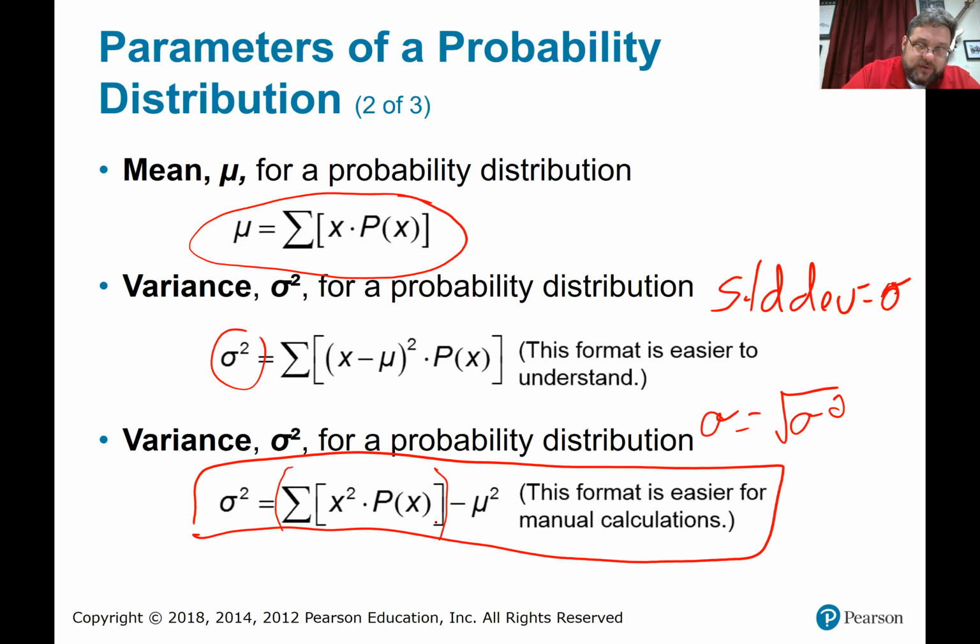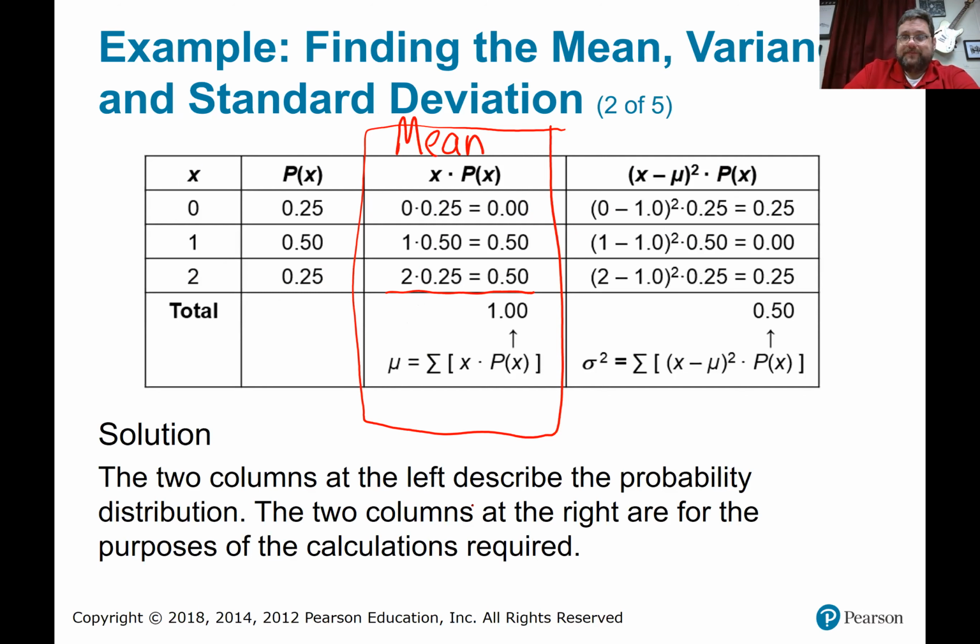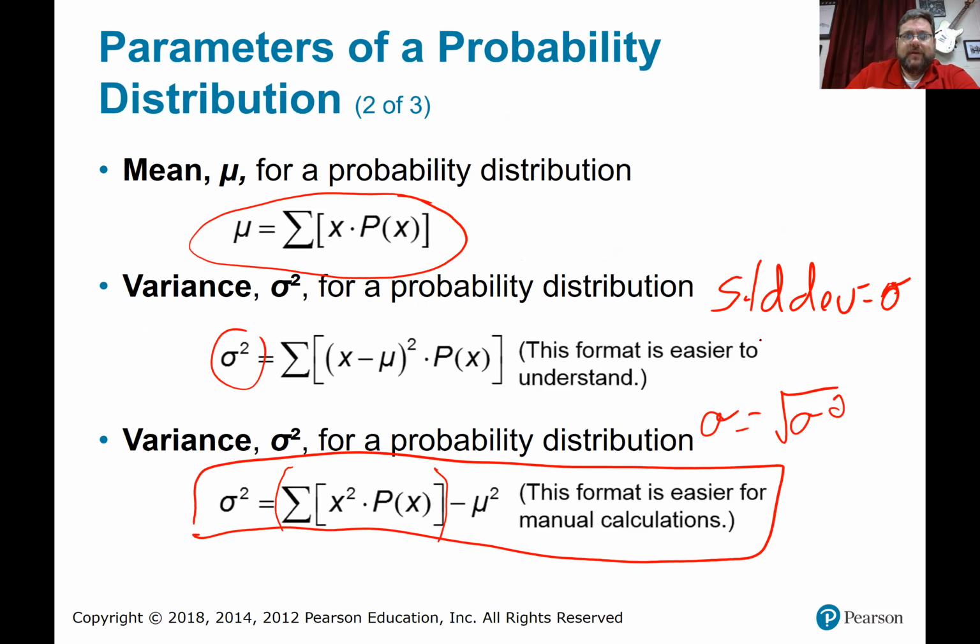So now, here we go. Look here. 0 squared, this is our x, 0 squared minus the mean. Okay, I said we were going to use the other one. Actually, in this case, we're using this formula, but it's fine.